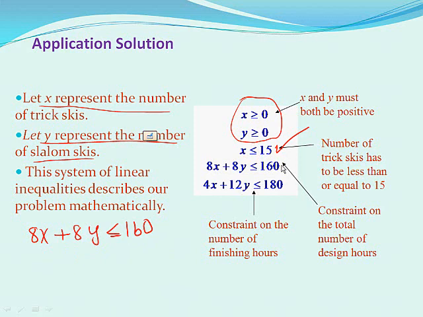So that is why we get this second inequality, 8x plus 8y less than or equal to 160. That is a constraint on the total number of design hours.